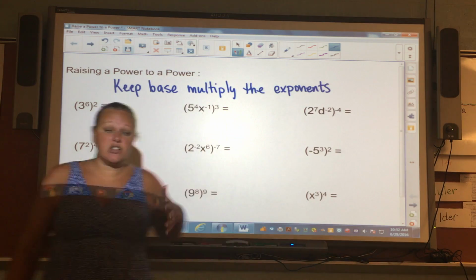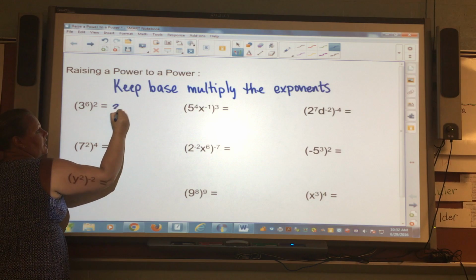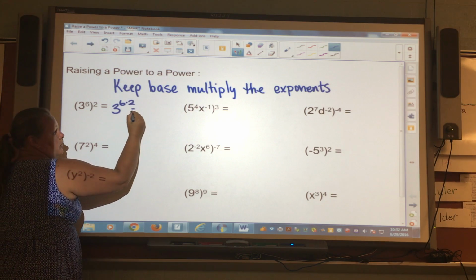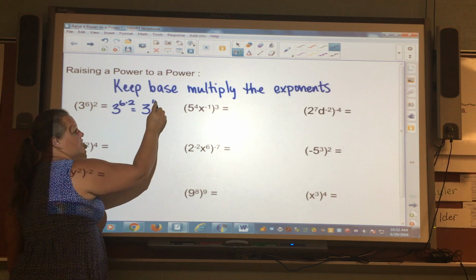Okay, so for this first one, again, I'm going to keep this base 3, and I'm going to multiply 6 times 2. So we'll keep the base 3, and 6 times 2 is 12.